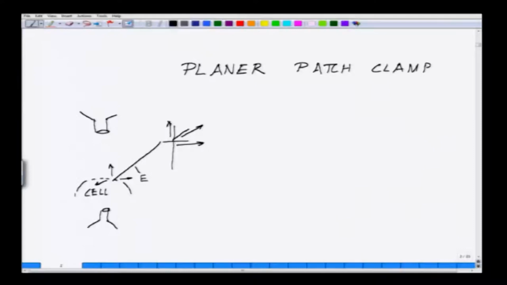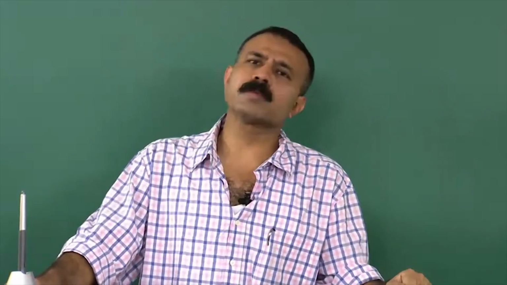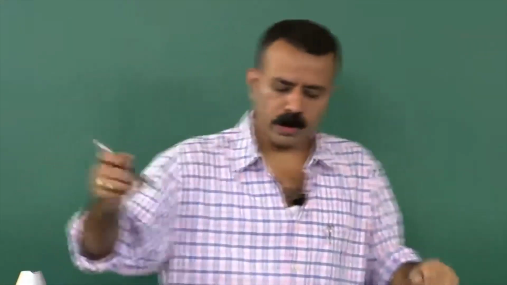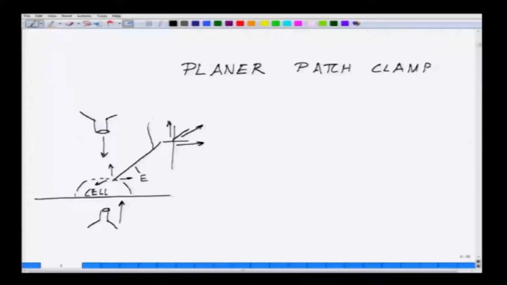If your sample is on a transparent sheet, you can see it from the bottom, or you can see it on the top. Logistically speaking, this is a very cumbersome procedure, and it becomes even more cumbersome when you have to give a suction pressure out here.